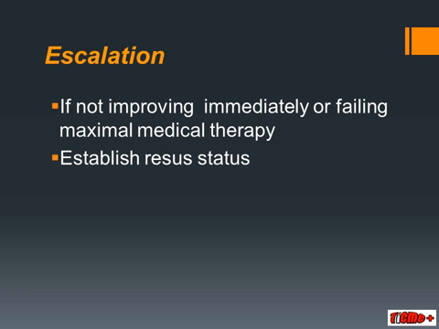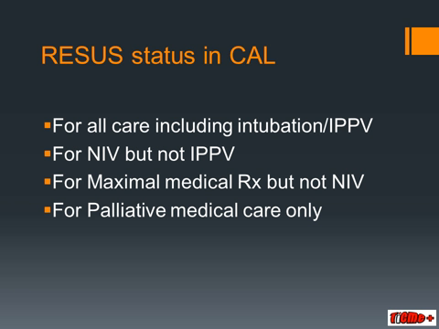To decide whether this is appropriate, we need to establish resuscitation status. In patients with COPD or CAL, I like to do a 4-step resuscitation or advanced care directive plan. It's very important that you have a logical approach to this, because patients will differ in what they deem to be appropriate.